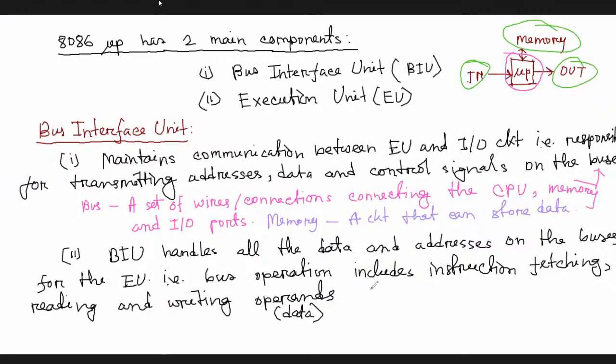So it can read instructions. It can fetch, fetch means bring. It can fetch instructions, read instructions, and write instructions for memory. And calculating the addresses of the memory operands. It can also calculate the addresses of specific data. Data are stored in memory, and each memory location has an address. That's why, to store data, you have to access the memory address. That's what can be performed by the bus interface unit.